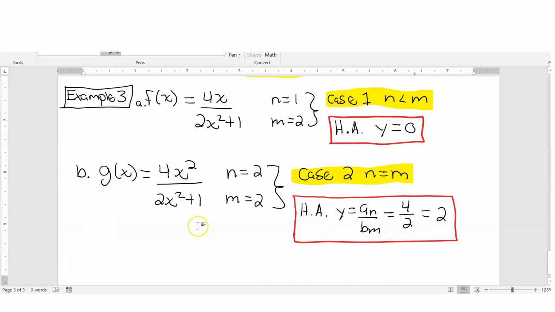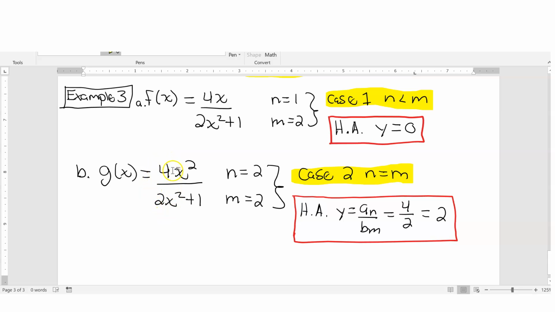y equals 0. In part B, they now give us g of x is 4x squared over 2x squared plus 1. So all they've really done is take this function and square the numerator term. Now the degree of the numerator is 2, that's our highest order term, and the degree of the denominator is still 2, just like in part A. But now, because n equals m, that is now case 2. So now our horizontal asymptote will be the ratio of the leading coefficients of those highest order terms.